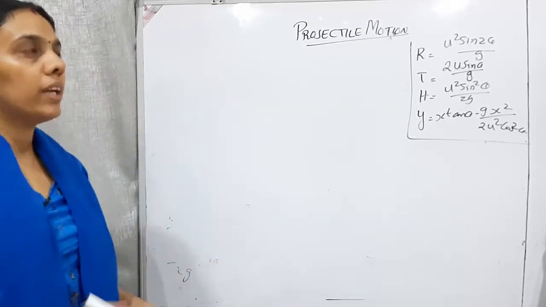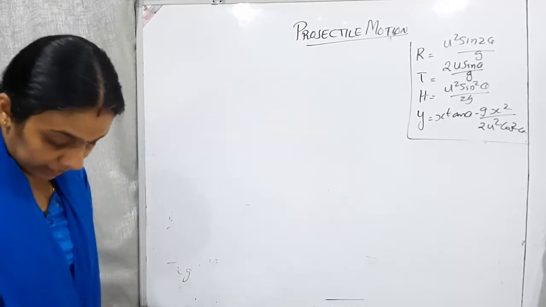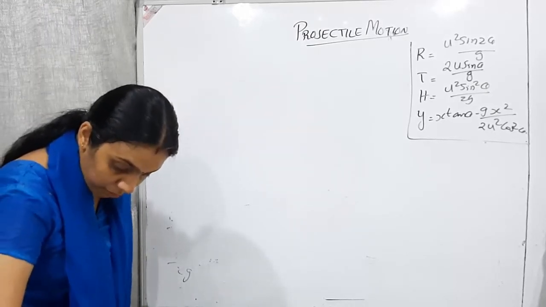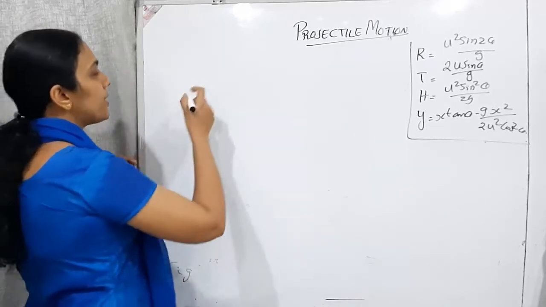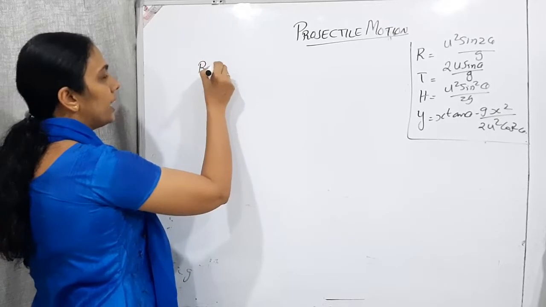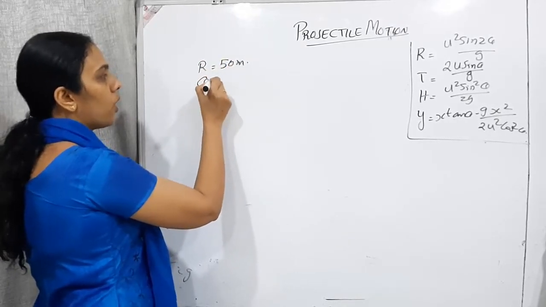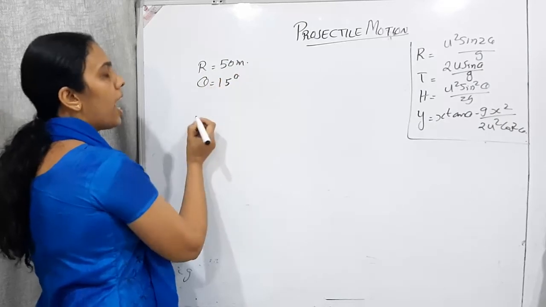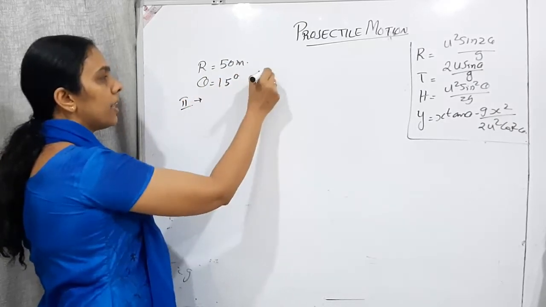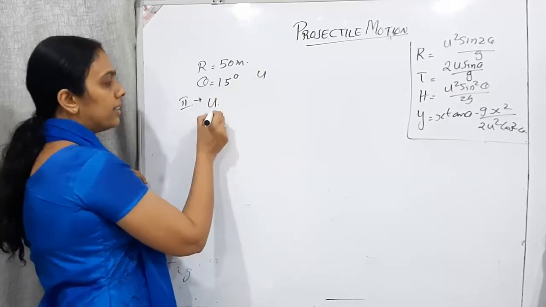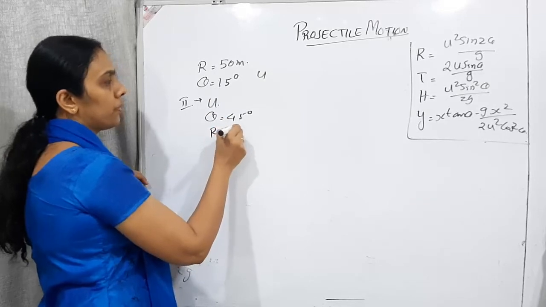So if it is fired at the same speed, what will be its new range? The angle of projection is given as 45 degree. The horizontal range is 50 meter when fired at 15 degree, and in the second case u is the same and theta is 45 degree. What will be the range?